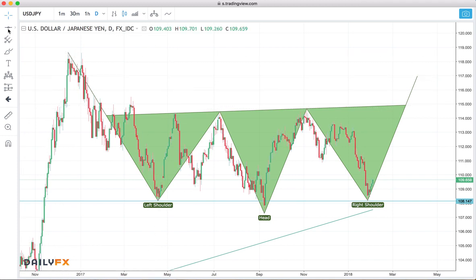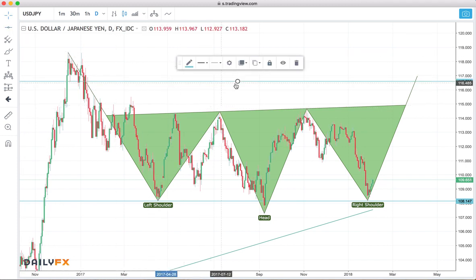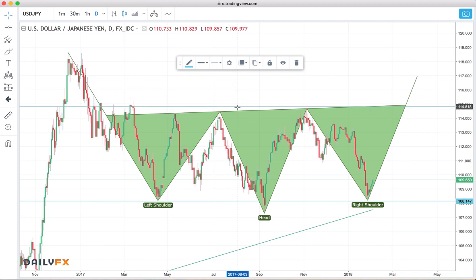Technically I would really have to put this tool didn't quite do it right. So you put a horizontal line at the highest point. When the price breaks above the neckline, that is confirmation of the head and shoulders pattern.